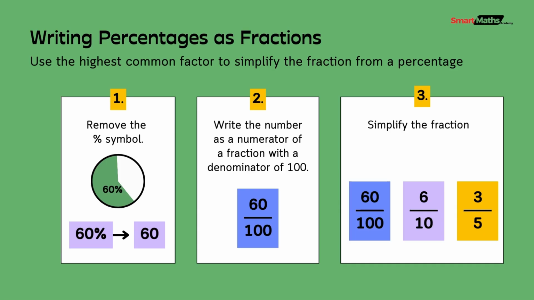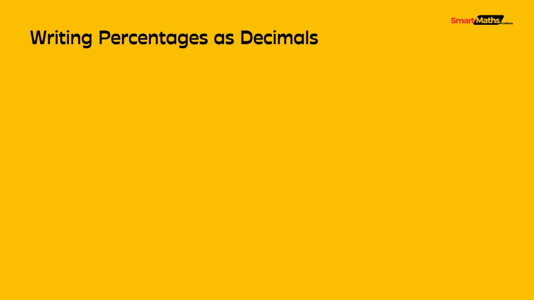That gives 3 out of 5. I hope this is very clear. So that is how to convert percentages to fractions. You can see it's very simple. All right, so let's move to the next one.